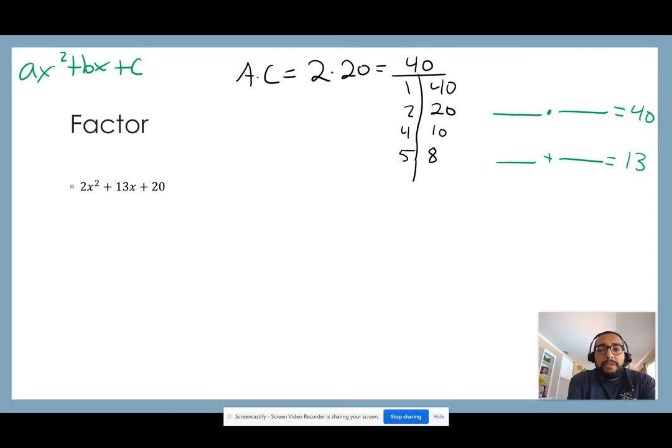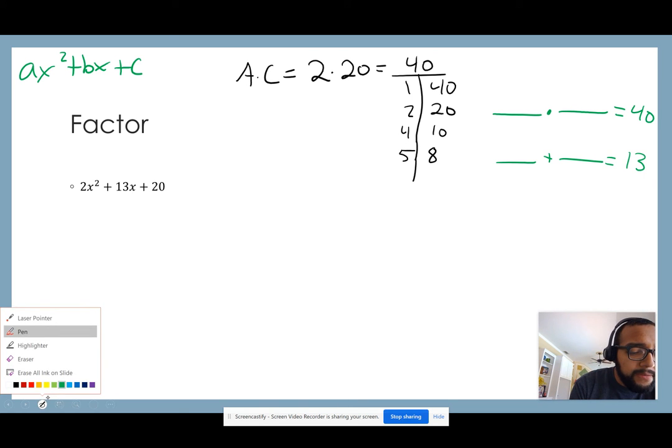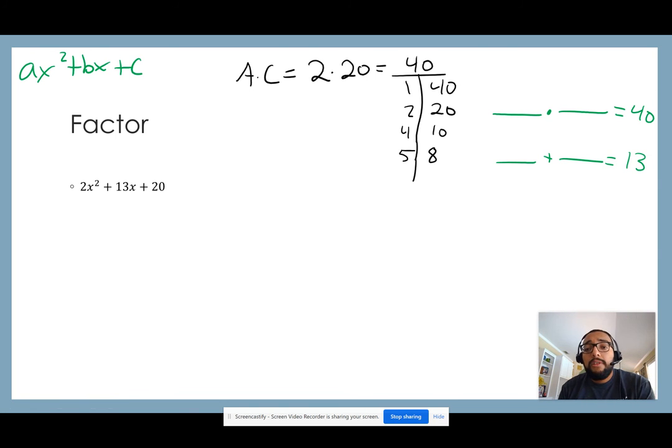So two numbers that multiply by 40, okay, well, they all multiply by 40, so that's nothing too crazy there. 13 though. So between those four pairs, we need to find a number. Well, 1 plus 40 is 41. 40 minus 1 is 39.